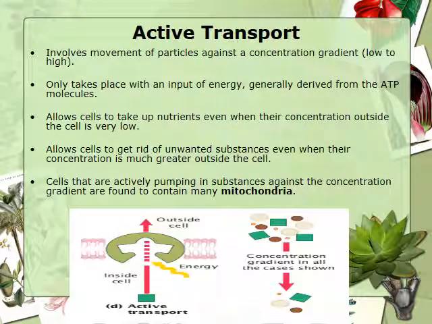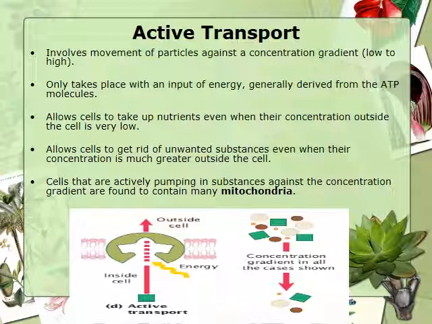The last example of diffusion, or a type of diffusion, is active transport. And this is a process that is largely different to the previous three, as it is an active process and molecules are passing through the plasma membrane from a region of low solute concentration to high solute concentration, and they're moving against the concentration gradient.